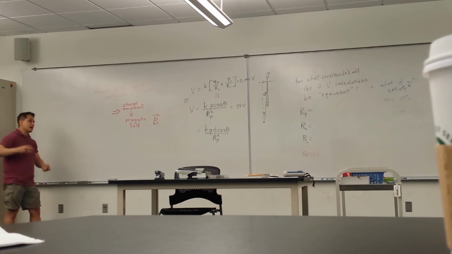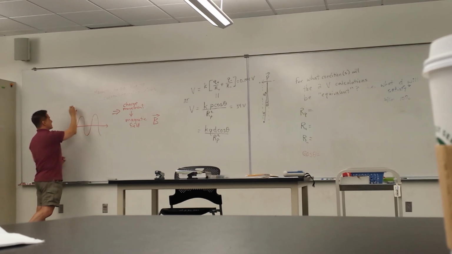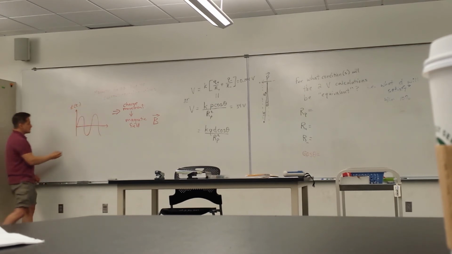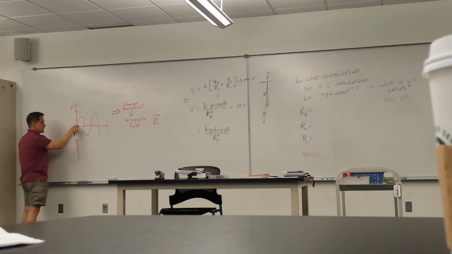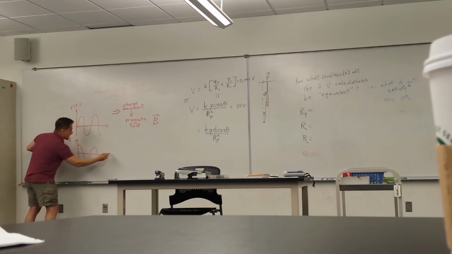In a sense, yeah. To just sort of conceptually put it this way, if you had an electric field that were changing like this in time, then you would observe simultaneously the rate of change of this thing is going to be related to the observed magnetic field. And so that magnetic field would look something like this, which would be out of phase.